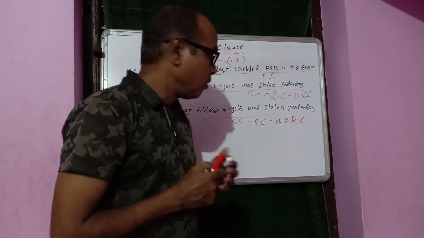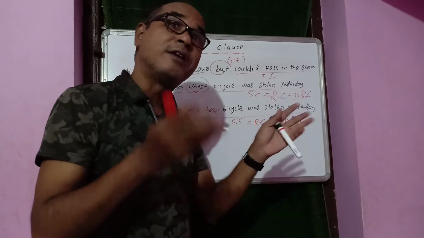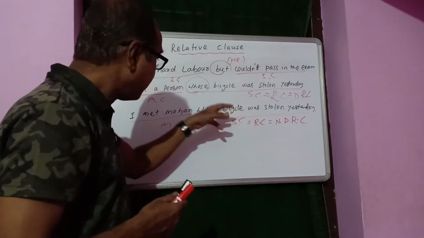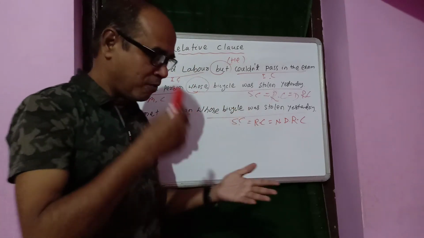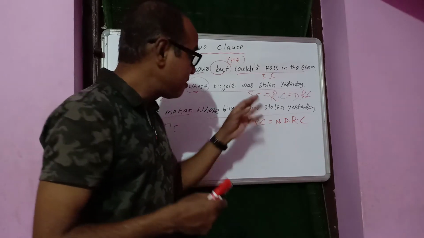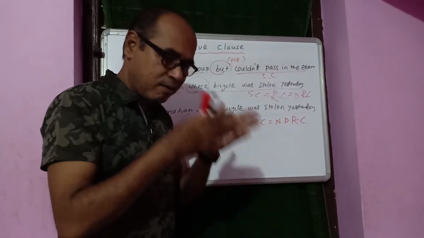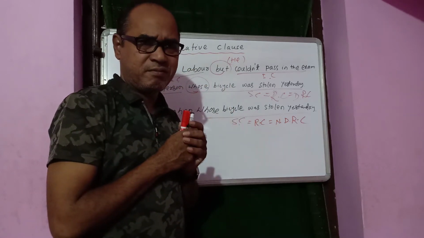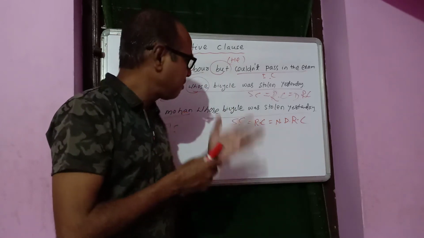Are you clear? Non-defining, non-identifying. Why is it called a non-defining relative clause? Because it gives information, but not essential information. It gives extra information. It's an extra item.